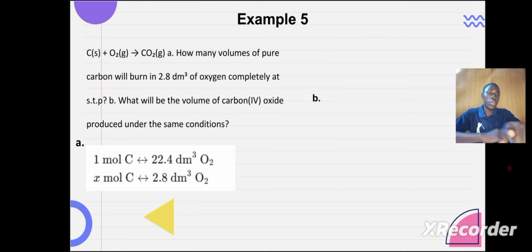So the relationship we are taking out is 1 mole of carbon is equivalent to 22.4 dm cube of oxygen, since there's only 1 mole of oxygen in the equation. And then x mole of carbon will be equivalent to 2.8 dm cube according to the question. We do not know x, so let x stand for the number of moles that will give us 2.8 dm cube.